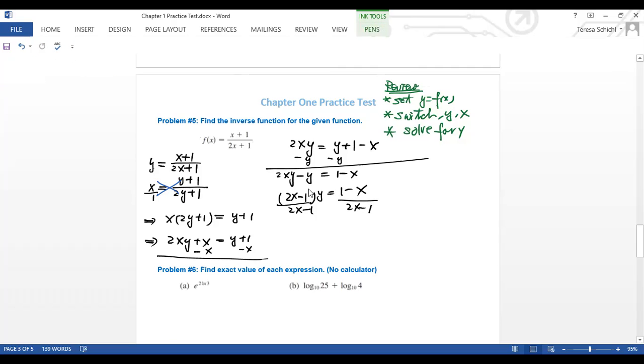So when you divide by 2x minus 1, the left-hand side cancels. So y is equal to (1 minus x) over (2x minus 1). And this is our inverse, right? So remember these 3 steps. It's pretty routine and very mechanical.